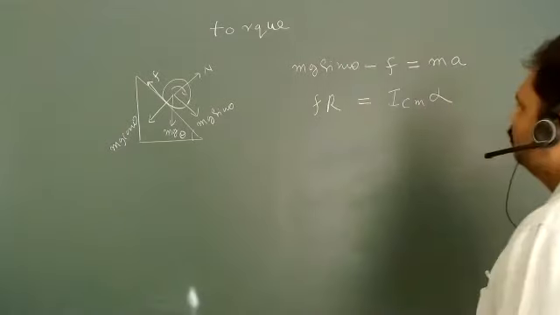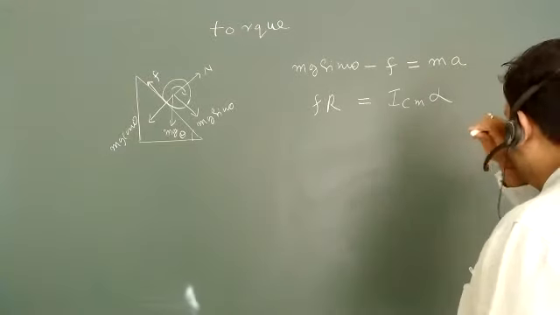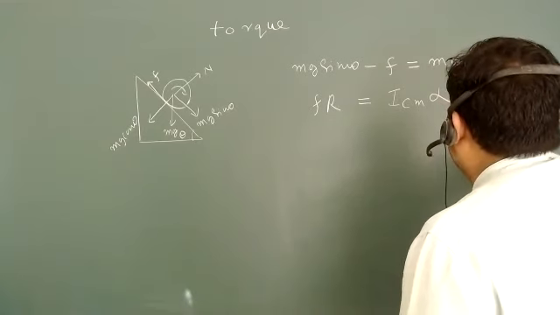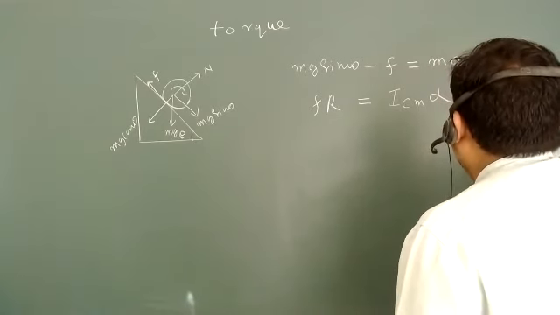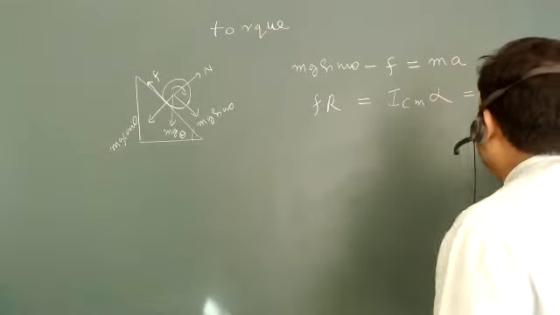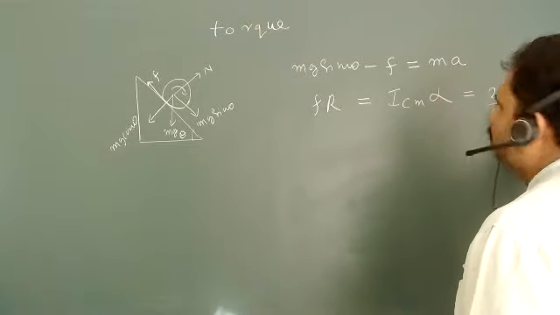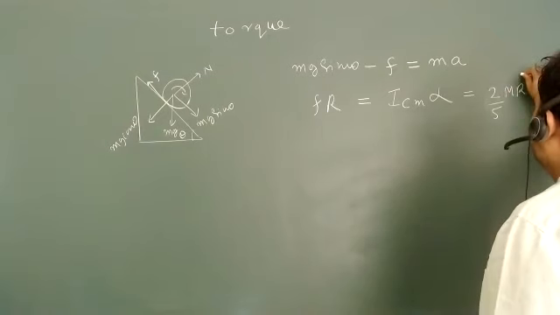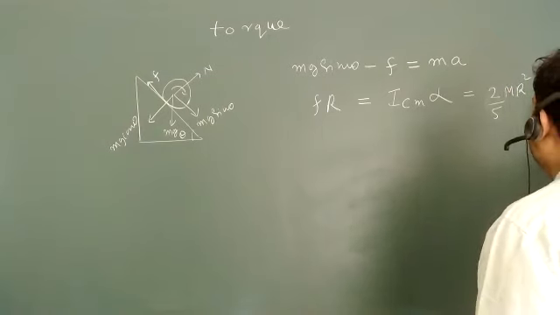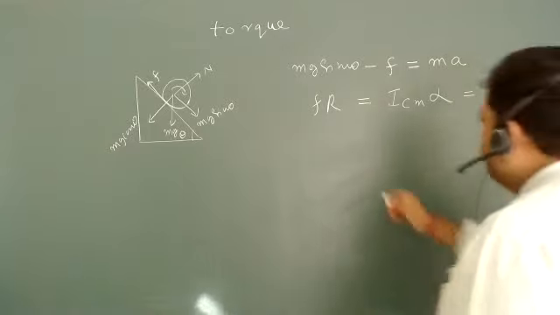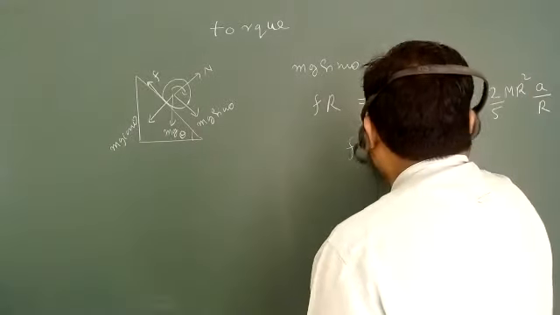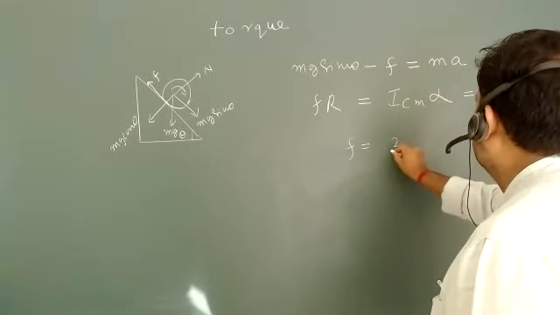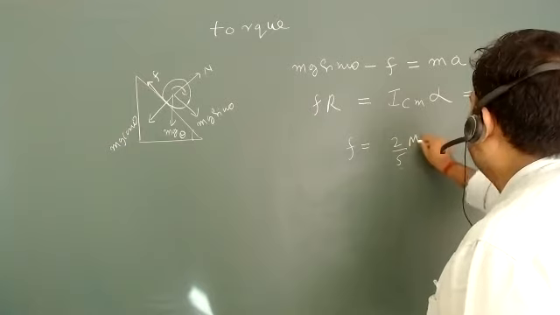From here I can easily get the value of frictional force, because alpha is nothing but a by r. Since it is a sphere, I can write ICM as 2 by 5 m r square, times a by r. So we have the relationship between frictional force and acceleration: f is 2 by 5 m a.